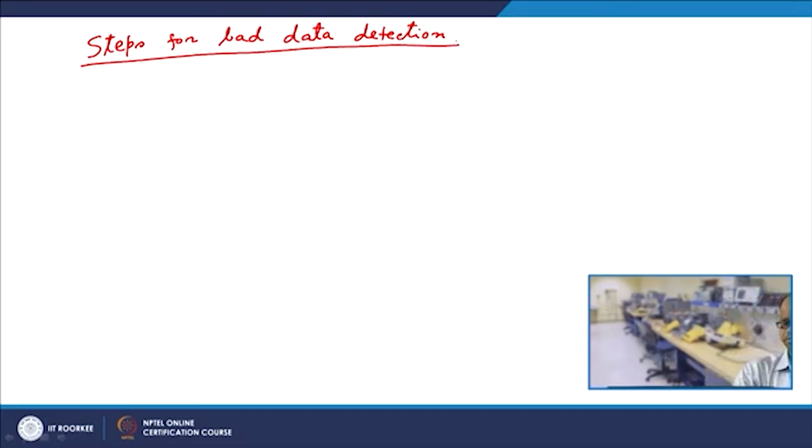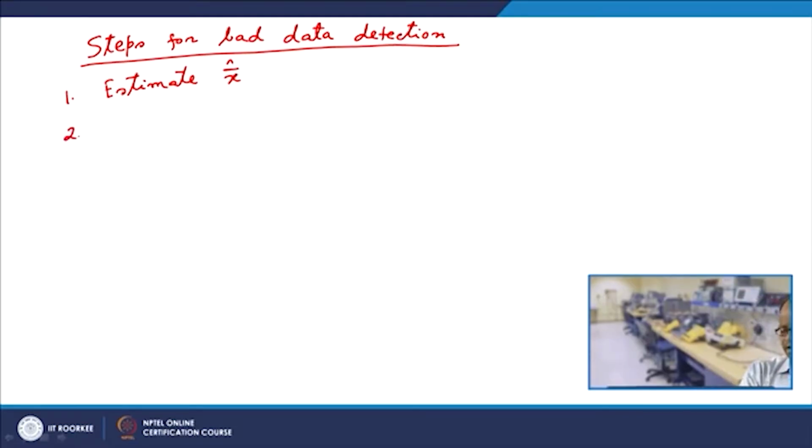So, what are the steps? Step one: estimate x hat, that is, we get the measurements and calculate x hat.